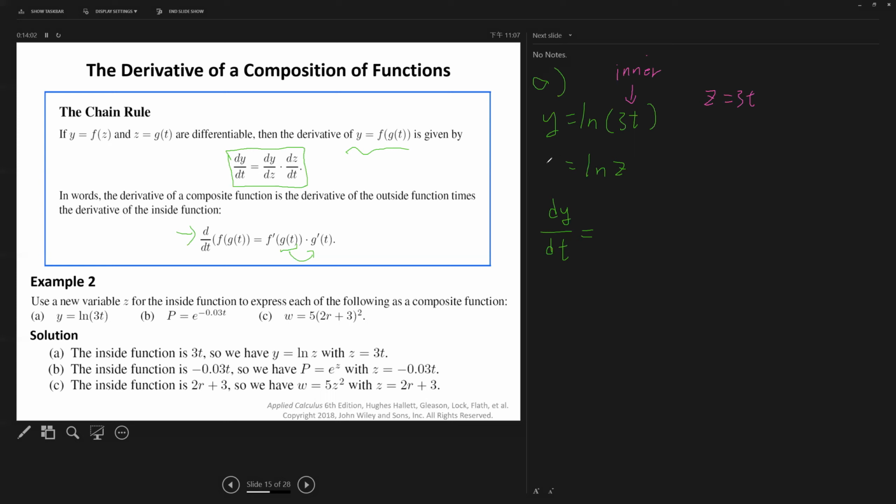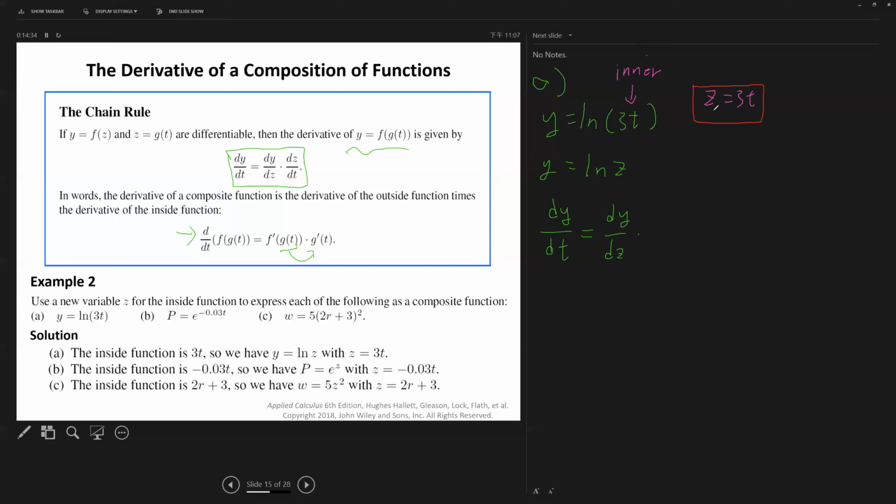Notice that when we rewrite the function with z, we actually have just a y and z, right? So if we want to find dy dt, first we need to find dy dz, which is the derivative of y with respect to z, right? Because z is what we have now. And next, we still want dt in the denominator, so we are going to use the substitution that we introduced earlier, which is z equal to 3t.